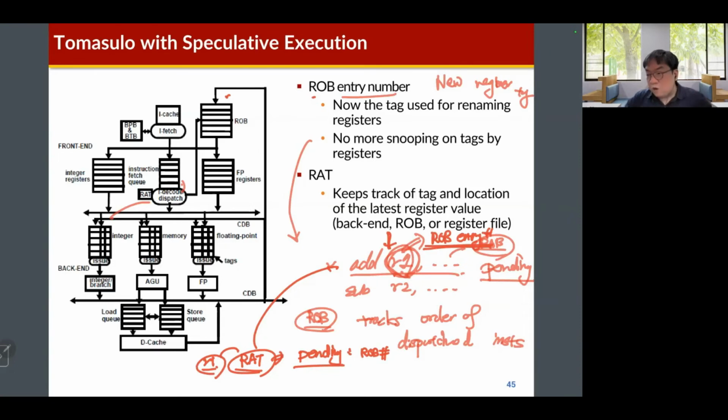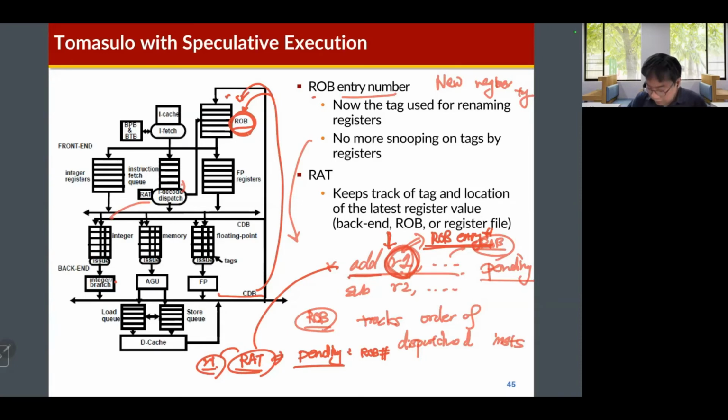So with the ROB entry number, the speculative execution solves WAW hazard and WAR hazard. And then the instruction is completed by the execution engine, and the result is stored to ROB. So the R1 result of this add instruction is stored to ROB.